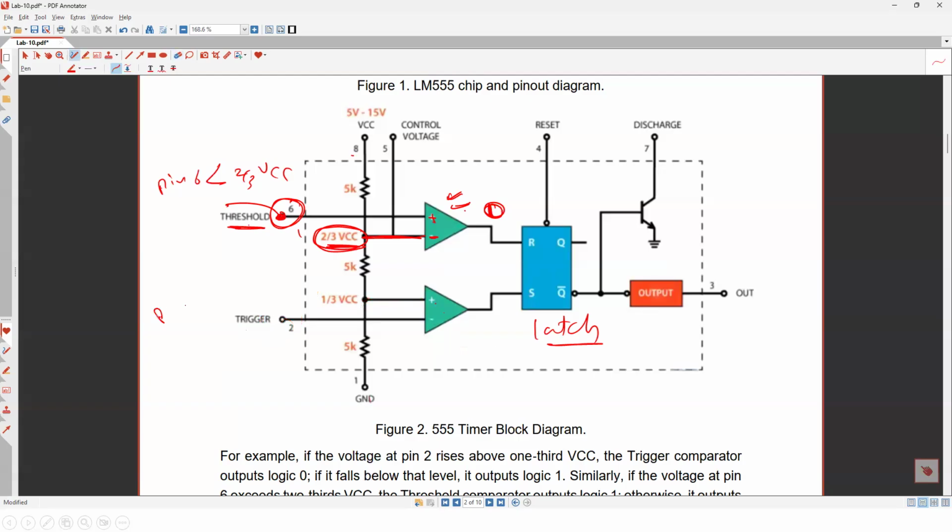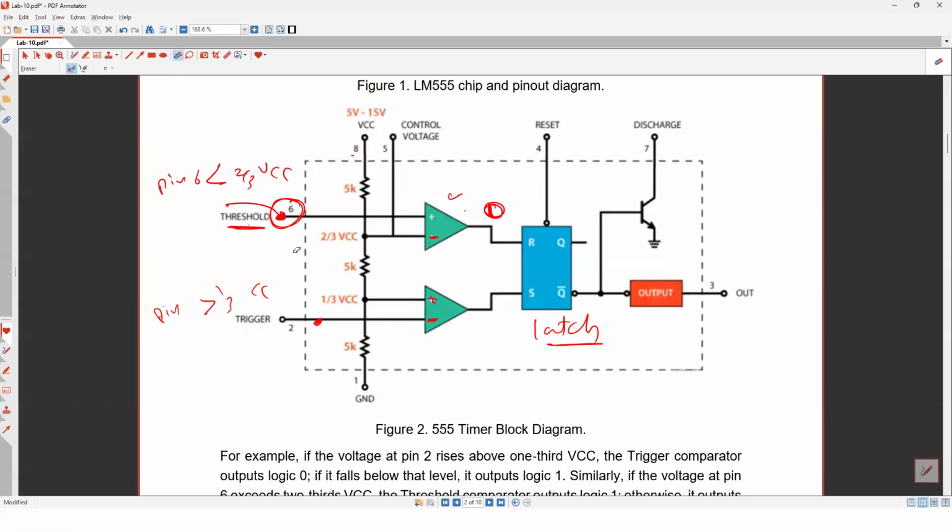If the voltage of pin number 2 is greater than 1/3 VCC, that means the negative is greater than the positive, and the output here is logic 0. But if pin number 2 is less than 1/3, that means the positive is greater than the negative, and the output is logic 1, high voltage.